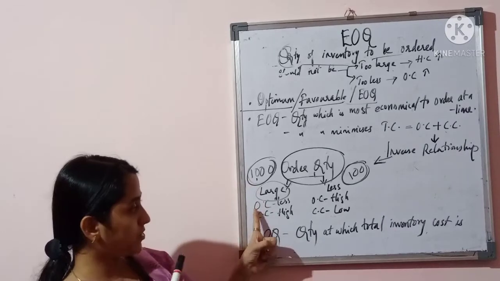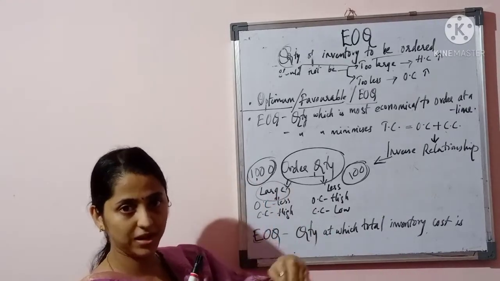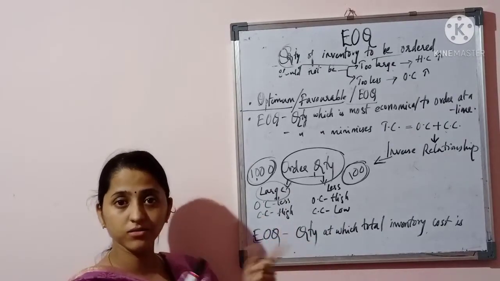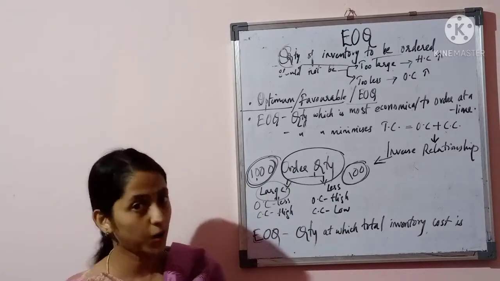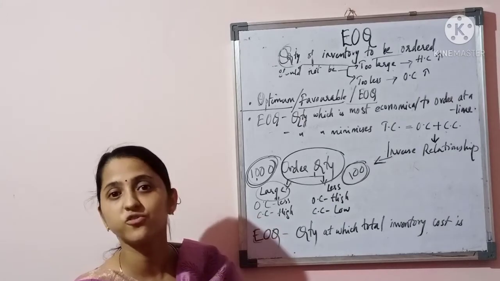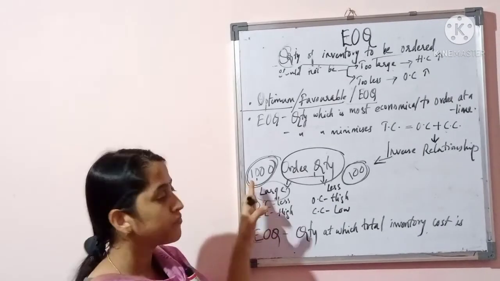So that is what is told here, ordering cost is less. Ordering cost will automatically be less, but the carrying cost will be high because we have to store this 1000 tons of inventory in our godown. So we have to spend a huge amount of money for storing these 1000 tons.